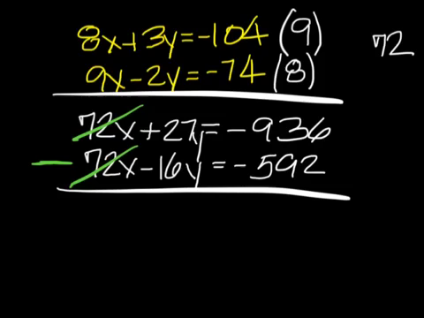So then you have to follow the operations. You have 27 minus a negative 16. You have to follow the signs. 27 minus a negative 16 is what? 43. So that's 43y.